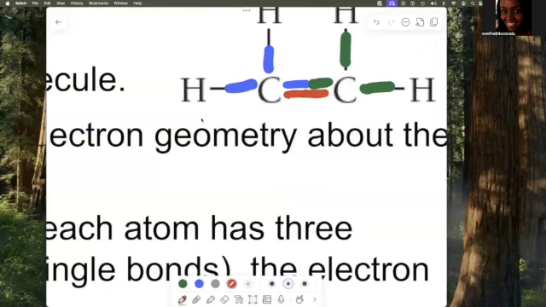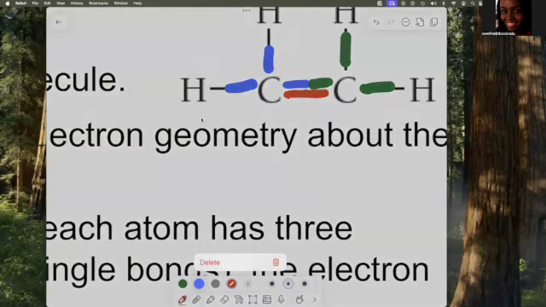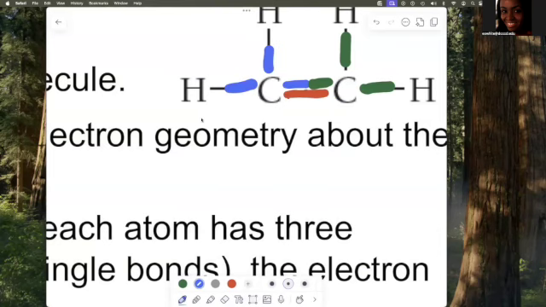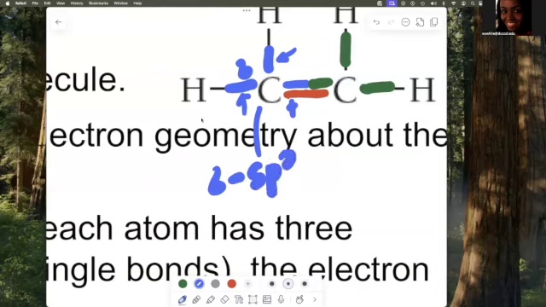Okay? For the carbon on the left, these are all sigma bonds. Since we have 3 groups, a group here, and a group here, the sigma bonds are going to be done with sp2 hybridized orbitals, right? Because we have 3 groups, so sp2.